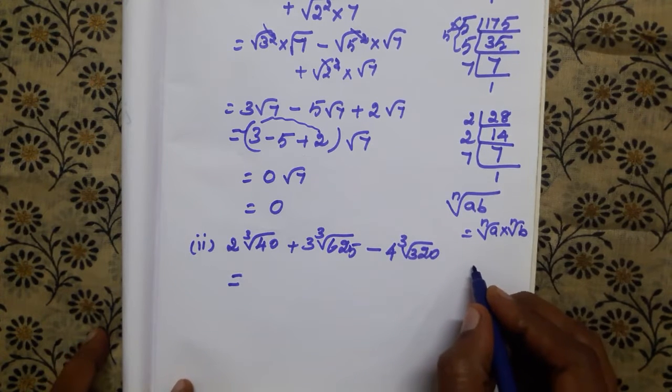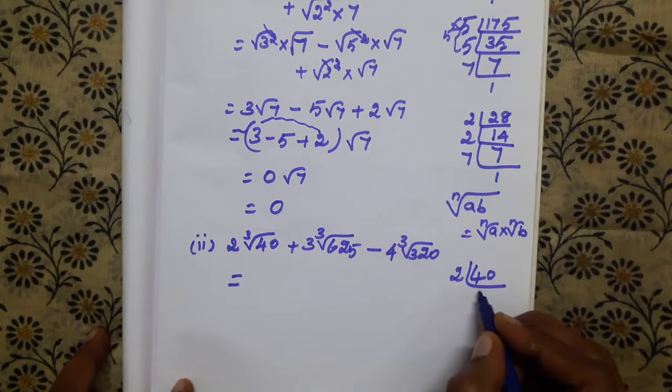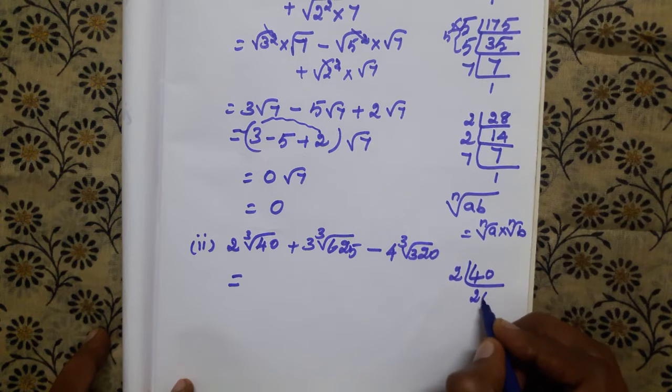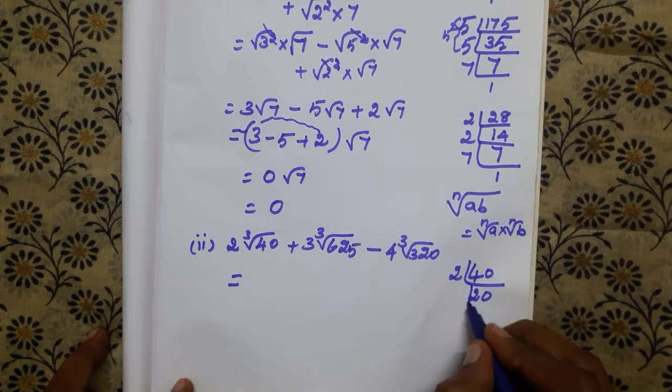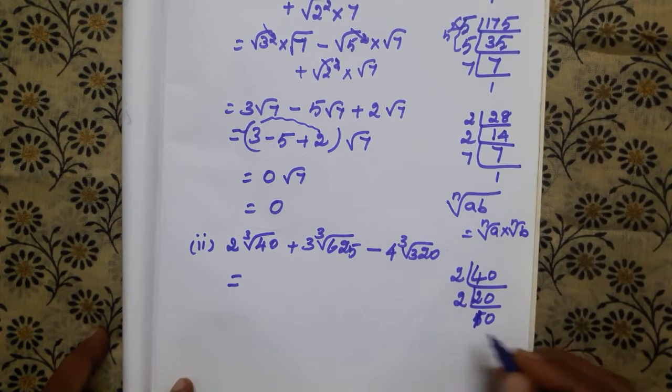40 we have to factorize. When we are factorizing this 40, what will we get? 2 table, 2 2s are 4, 0. Again we can factorize with 2 table, 5 2s are 10.